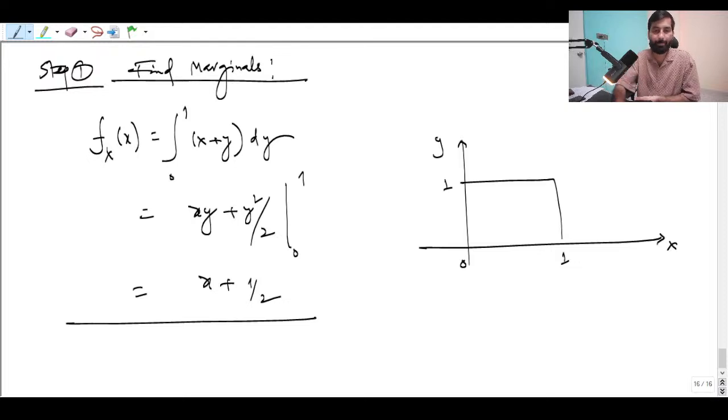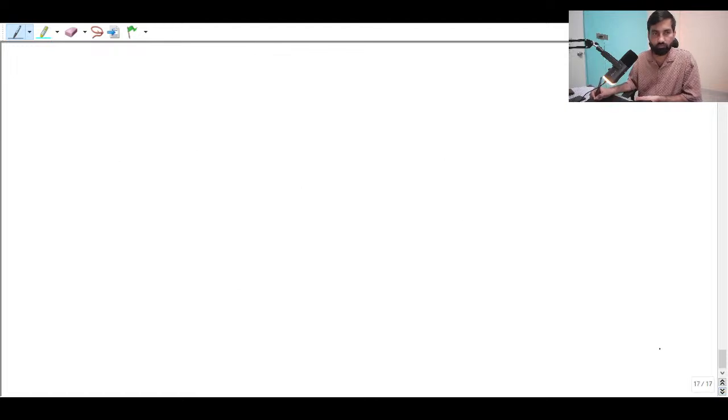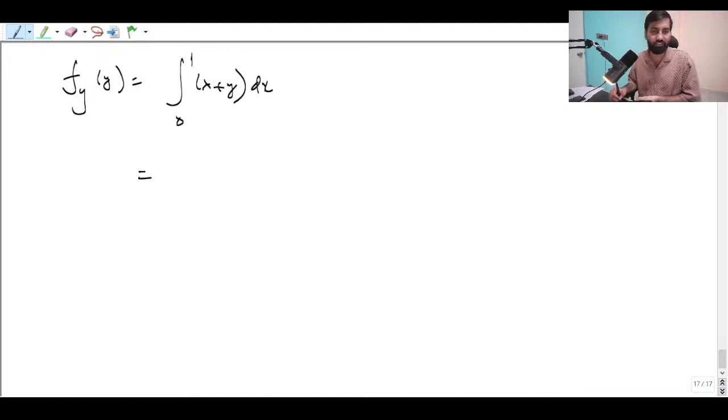Now if you want to find the marginal density function for the random variable y, again 0 to 1 only, x plus y. You can write this directly. How can you write it directly? It is going to be symmetrical.